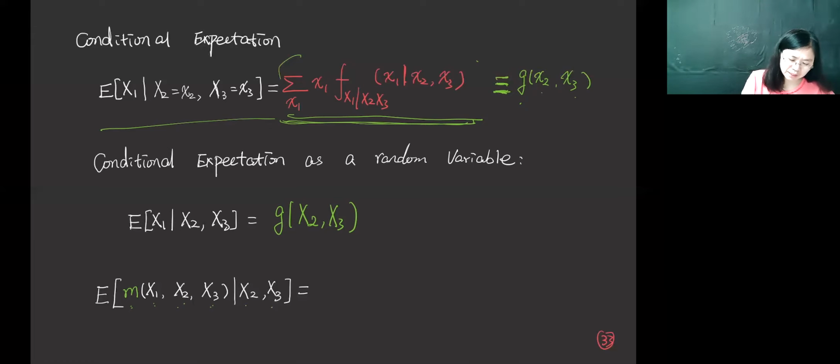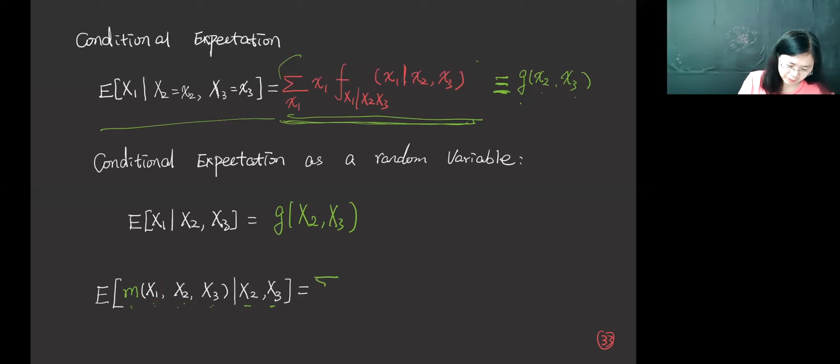Well, first realize that given X2 and X3, these arguments X2 and X3 are fixed. So what we are averaging over is only X1. So we only need to use the conditional distribution of X1 given X2 and X3.